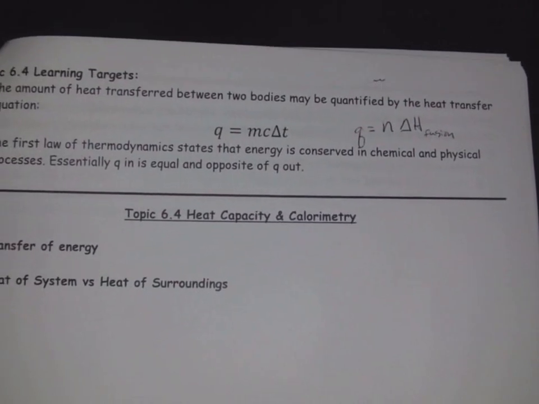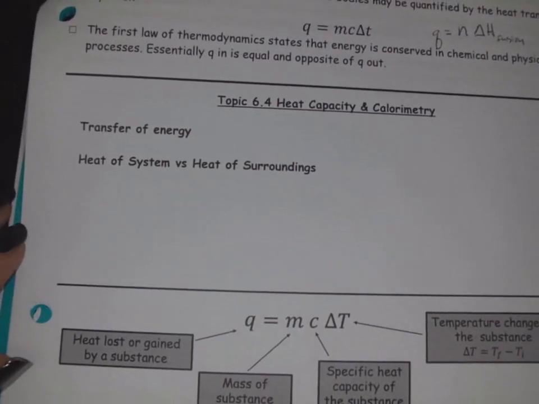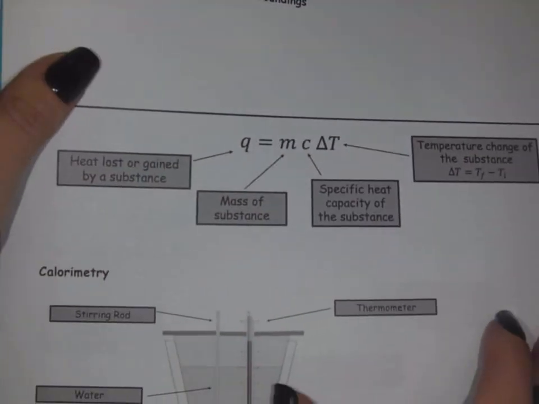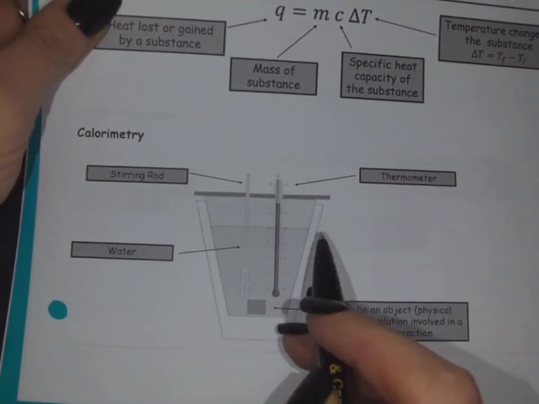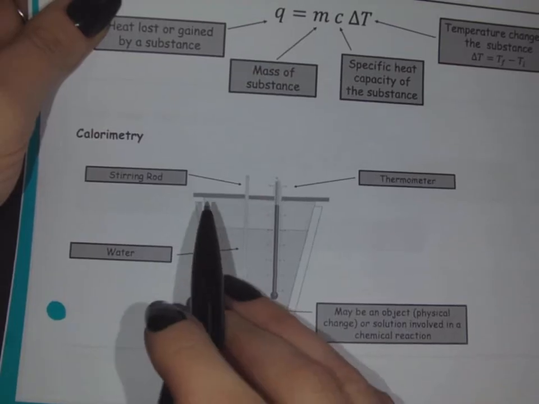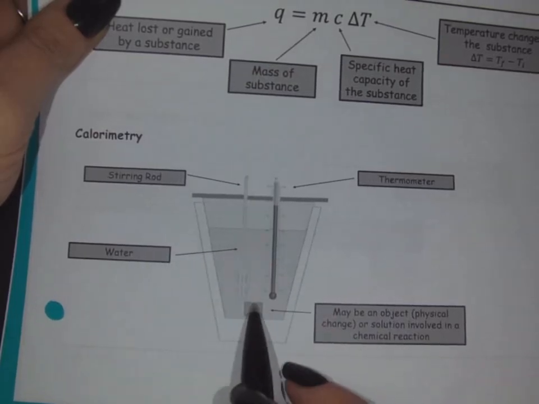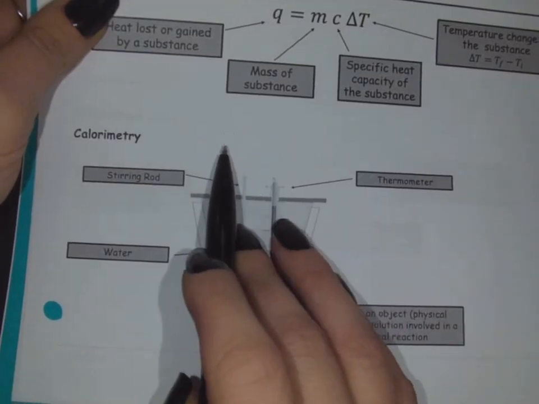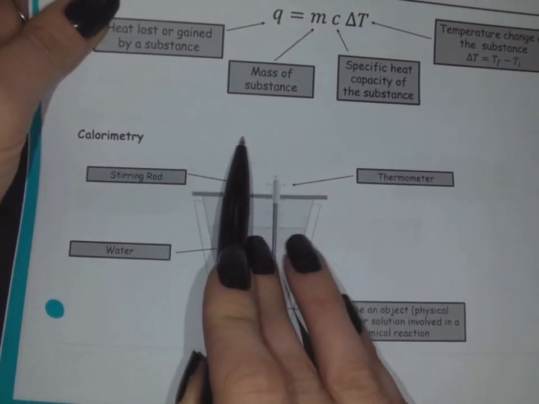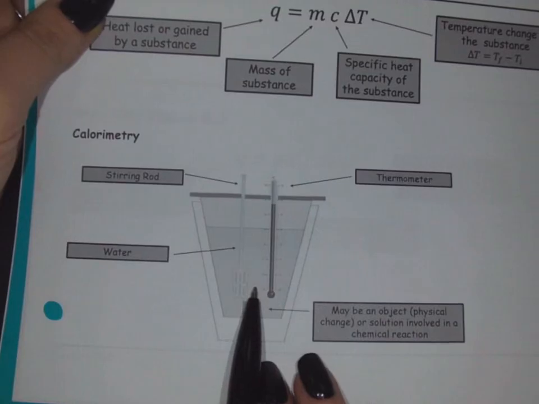So we're going to see this transfer of heat. Like if I have this coffee cup calorimeter, so we have our styrofoam cup here, and I'm going to take a little square of metal, and let's say that this metal is at a certain temperature. It's really, really hot, and we're going to place that metal inside of the water.